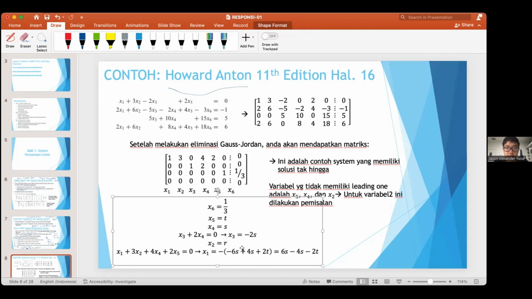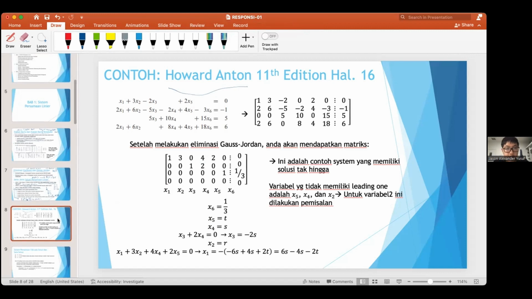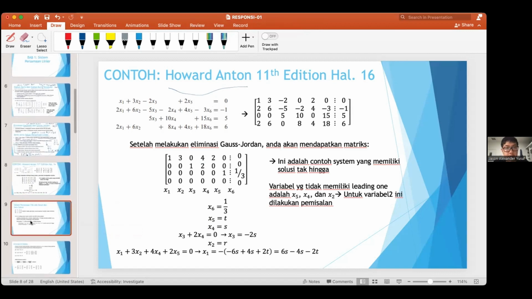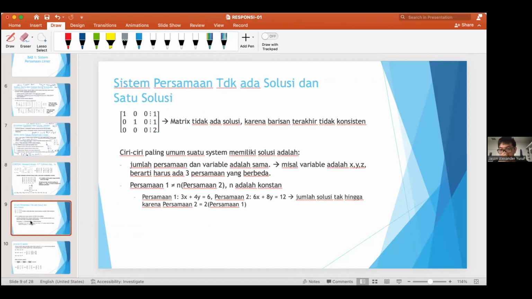You don't have to use T, S, and R. Okay. If you want to understand more about this process, you can just look at the book and find this example. Okay.